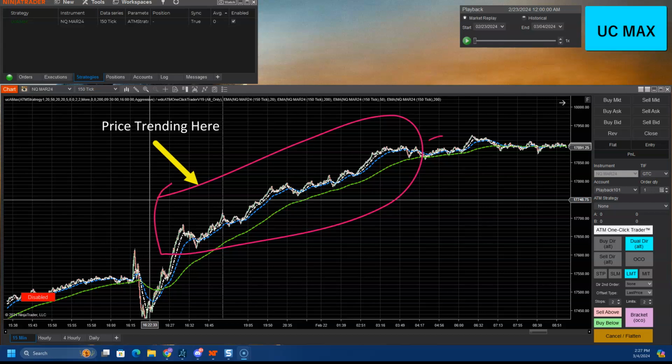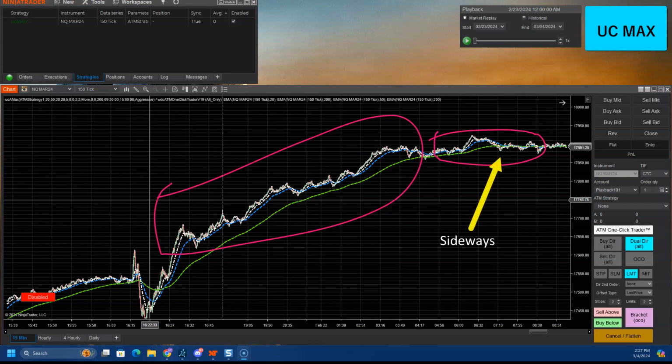This one, it won't take any trades. Even if it ends up taking a trade, it will probably be a loss because it's range-bound. I've done my best to tell the strategy not to trade in this type of market structure.